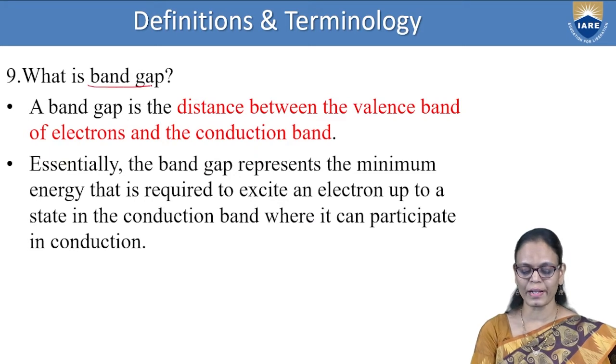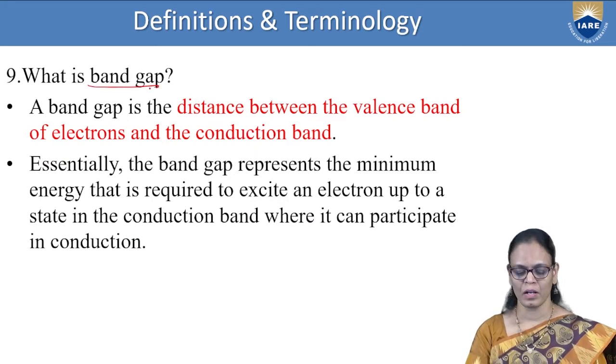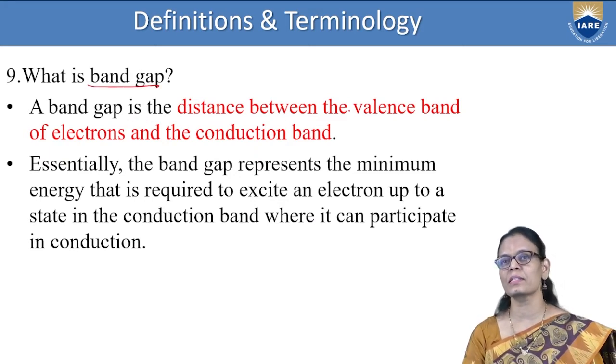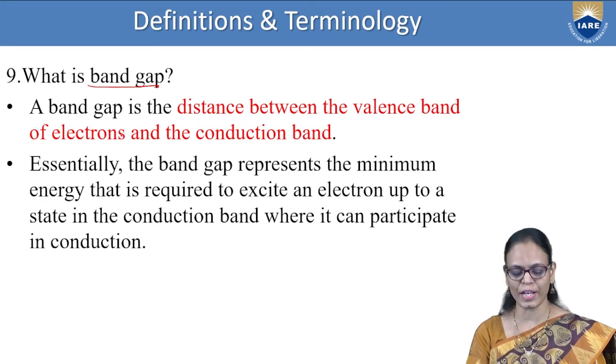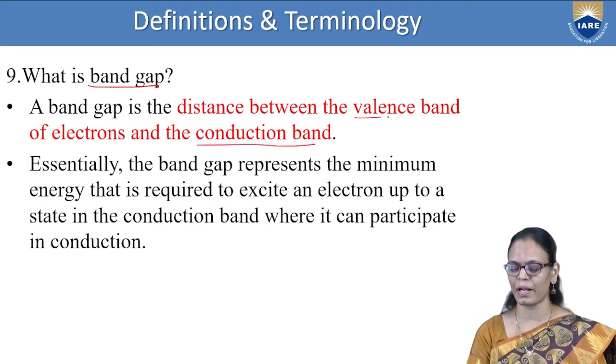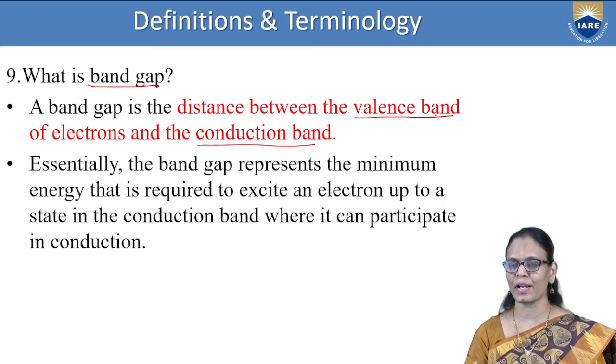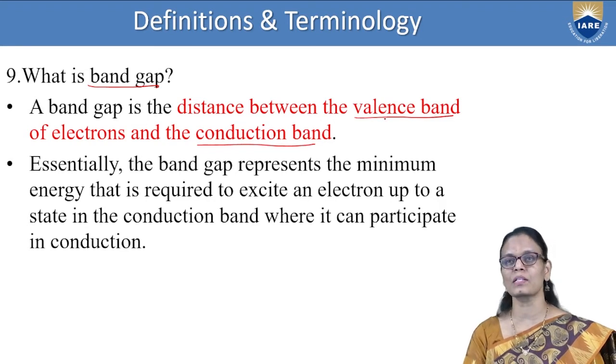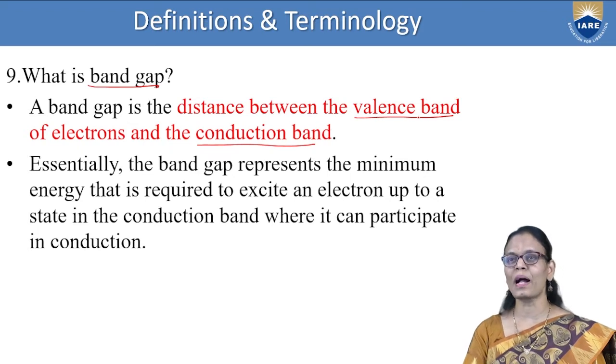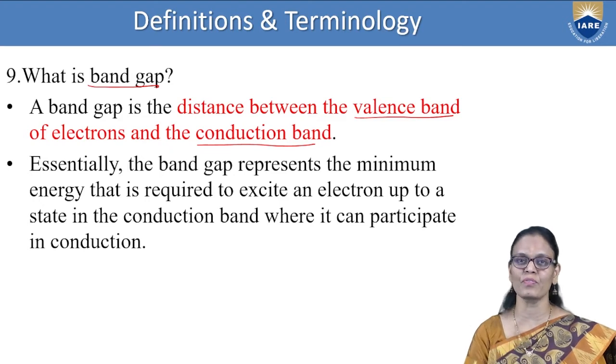Now, what is a band gap? A band gap is the distance between the valence band of the electrons and the conduction band. So, let us try to understand what this valence band is and what this conduction band is. The valence band is the range of energies possessed by valence electrons.